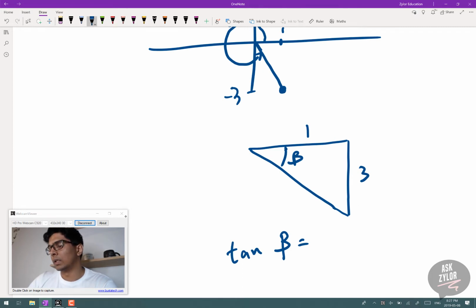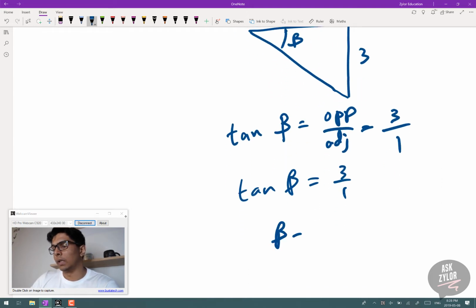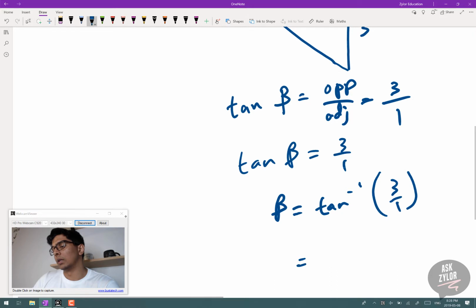So my tan would be opposite over adjacent, so opposite of 3 and adjacent of 1. So my tan would be 3 over 1. To find the related acute angle, I need to find the tan inverse on both sides. So the tan inverse of 3 would end up being 71.6 degrees.